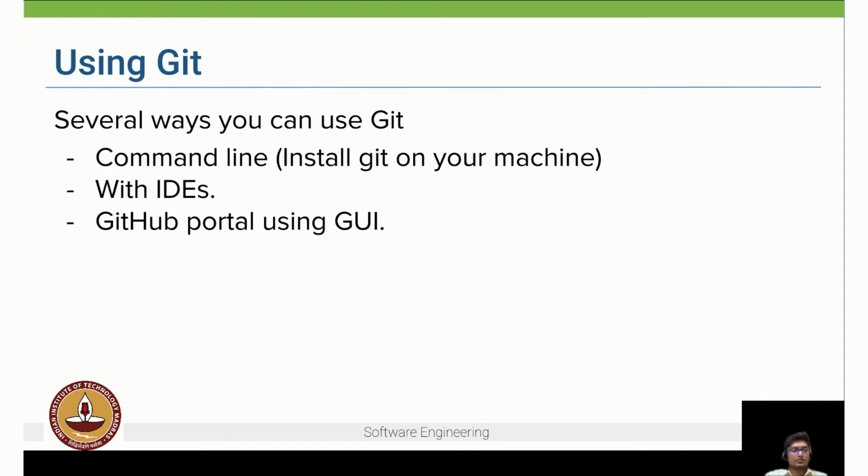Now, how to use Git? There are several ways you can use Git. The first one is through the command line. You can install Git on your machine, whatever operating system you are using. Git is available for Windows, Mac, or Linux. Second, with IDEs: a lot of IDEs have Git integrated by default, or you have plugins to integrate Git into IDEs.